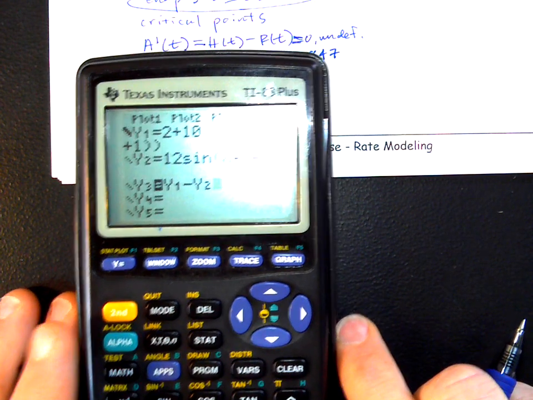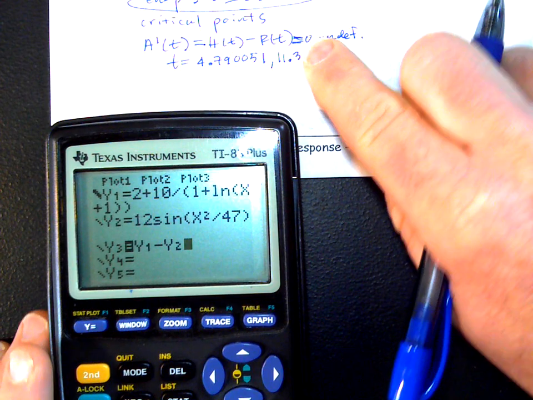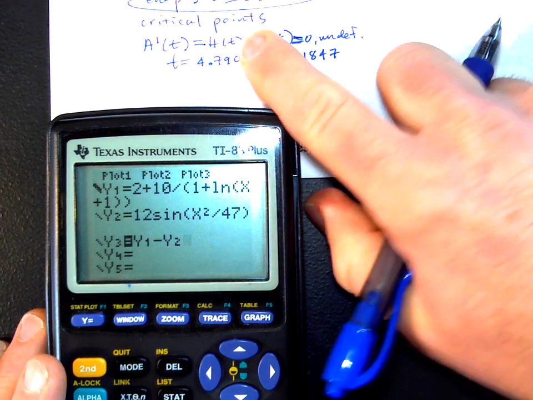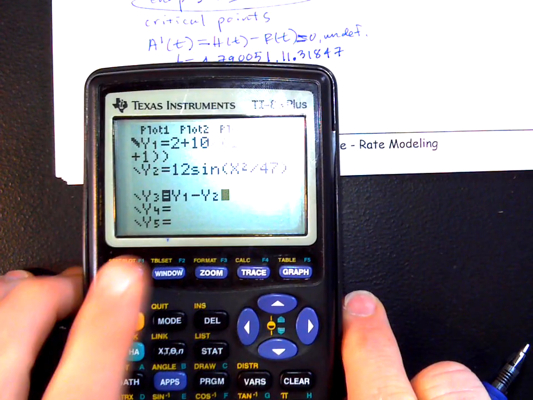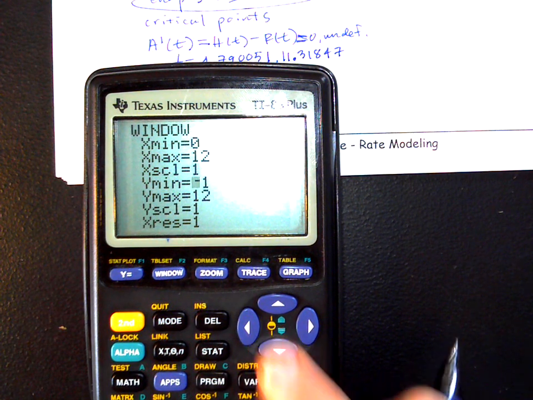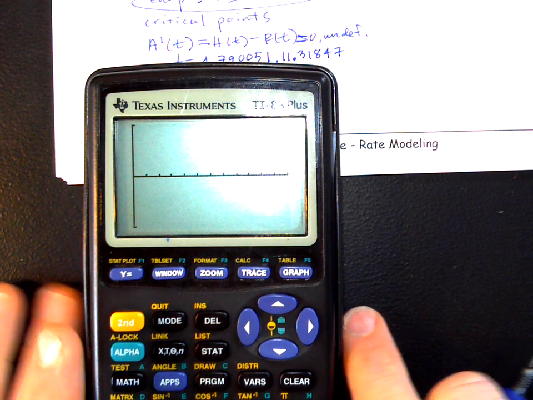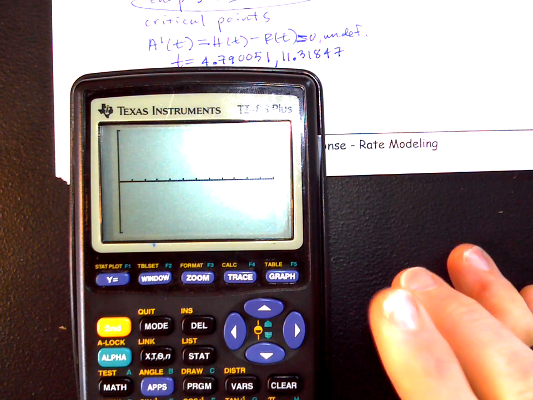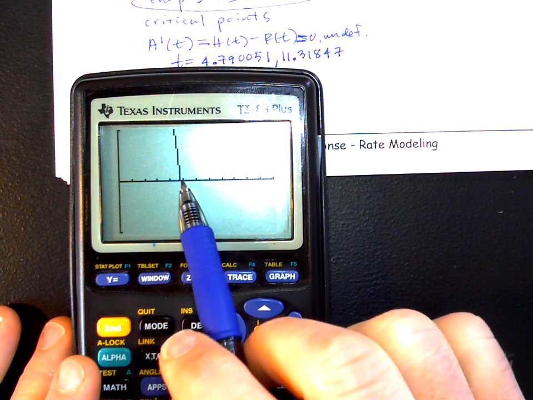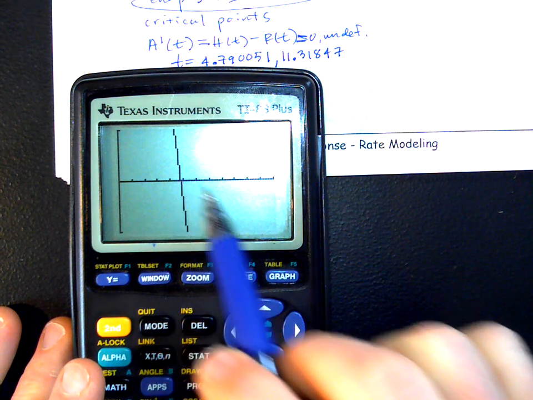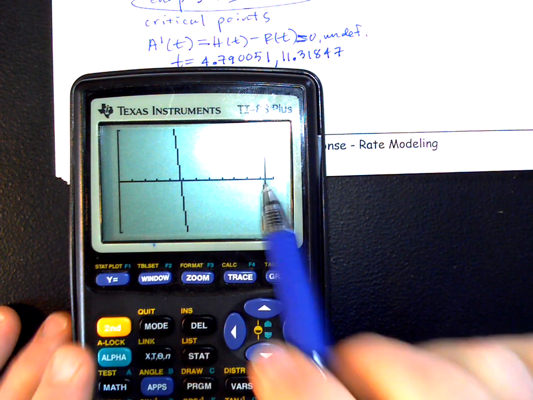I would have graphed that equal to 0. I find it's easy to solve equations if you set everything equal to 0. And then you go to window and you want 0 to 12 still, but all you care about are the x-intercepts of that graph. So I don't need a big, beautiful version of it. So there's one critical point, and there's the other one.